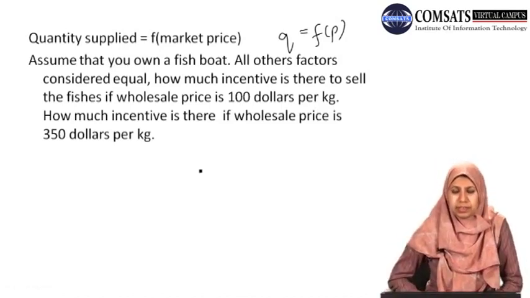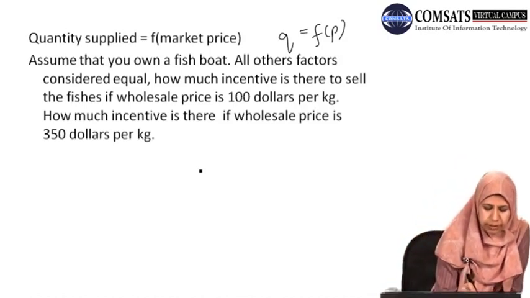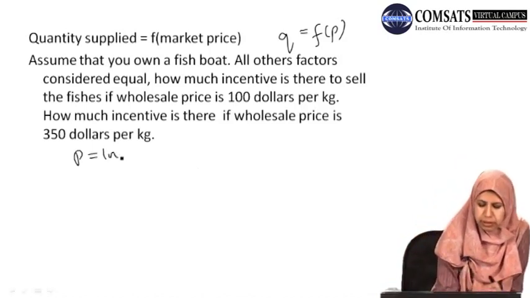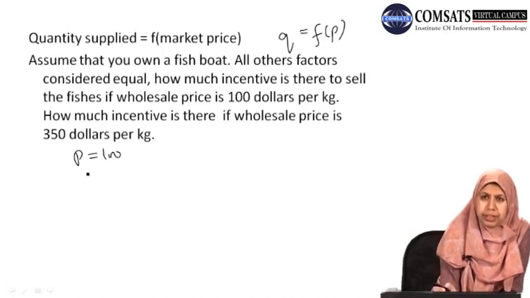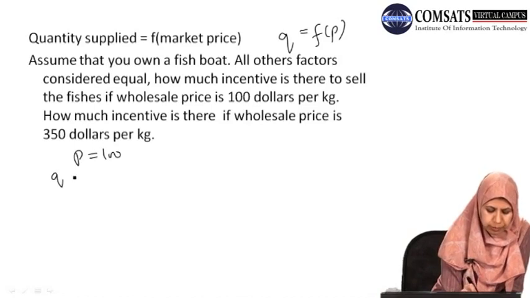Definitely, if the price is higher, as we have said that the supply function is directly proportional to the price, then the quantity supplied will be more. If the wholesale price is 100, the quantity Q will be less, and if the wholesale price is 350, the quantity will be more.